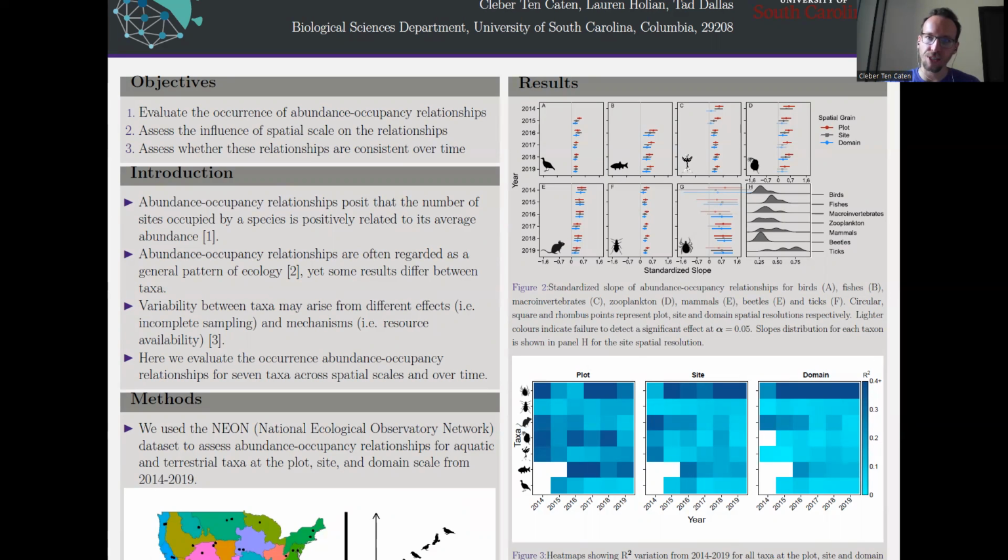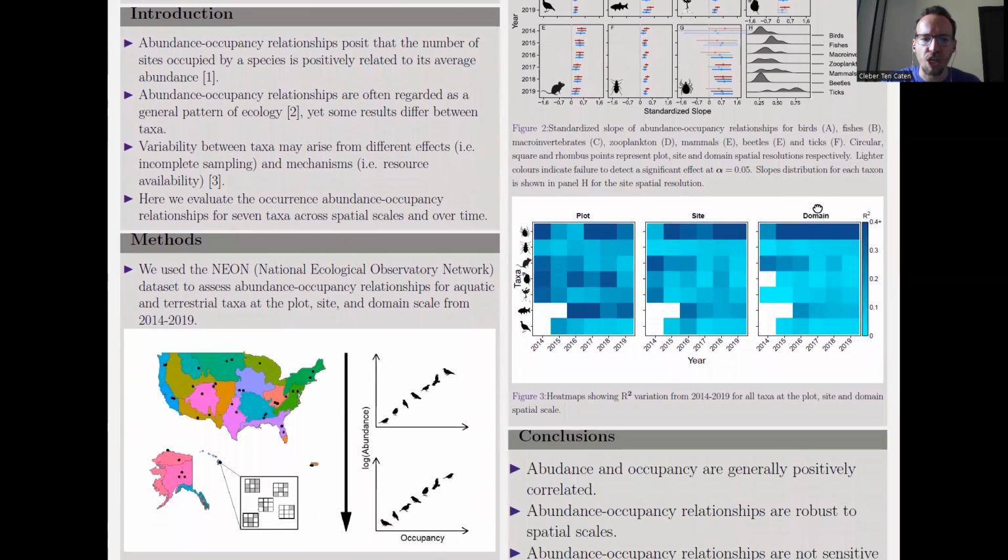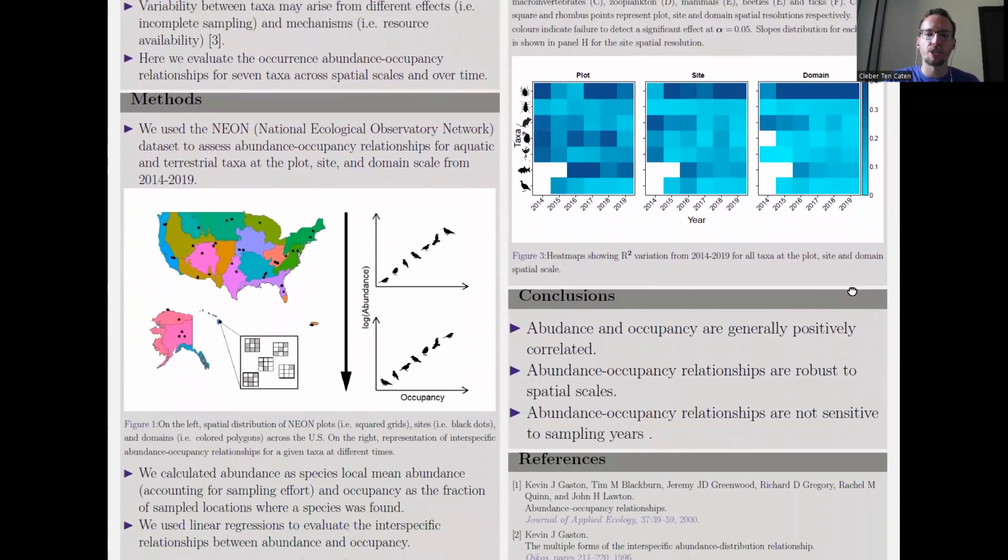And these relationships also tended to be temporally consistent, meaning that they did not get weaker or stronger over time. So we observed the same pattern across the years where we obtained data in our project. In general, species abundance and occupancy are positively correlated.